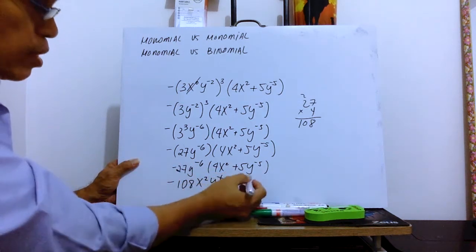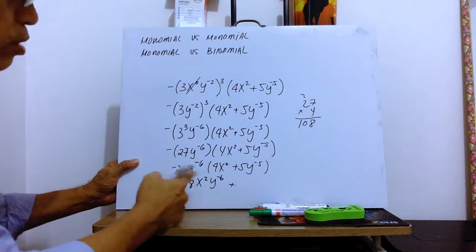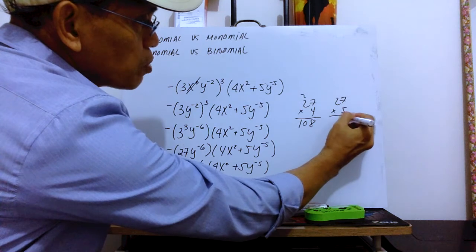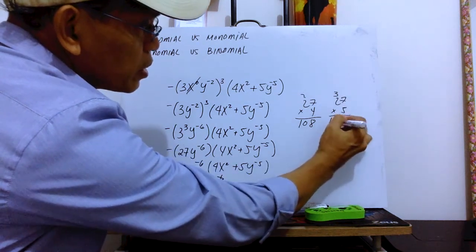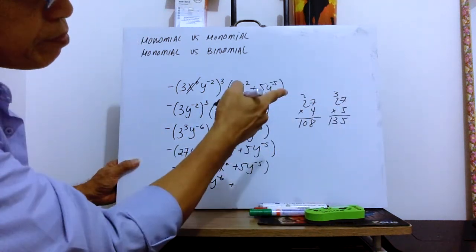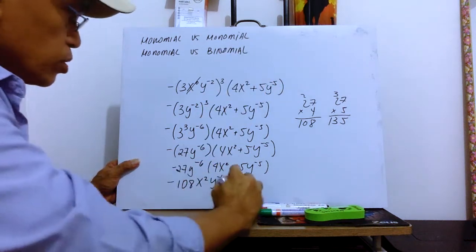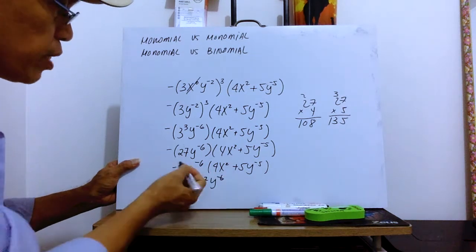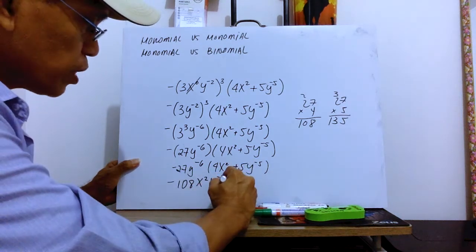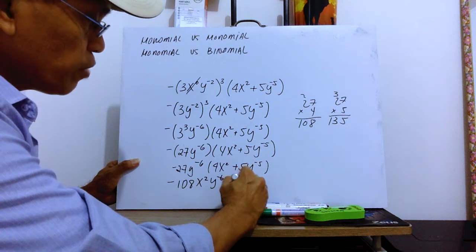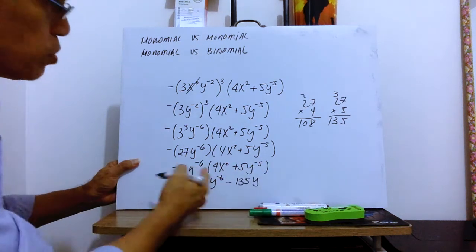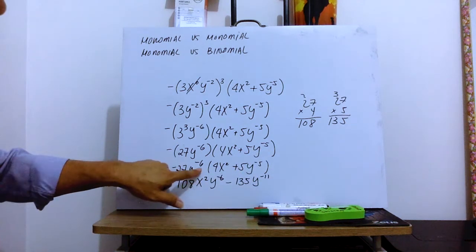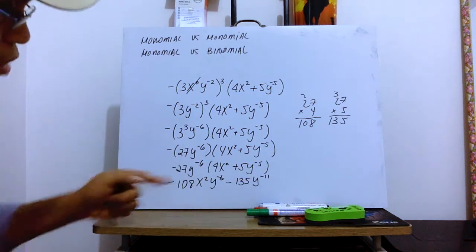And then 27 times 5 is 135. It's not actually plus because you're distributing the negative sign, so negative times positive is also negative: negative 135 y raised to negative 11, because negative 6 plus negative 5 gives us negative 11.